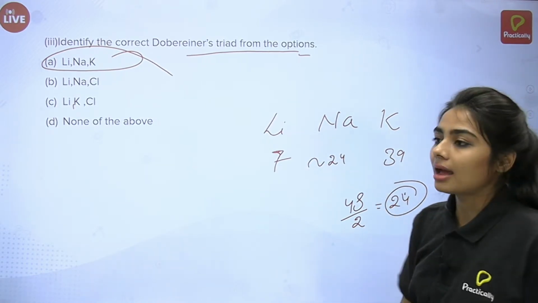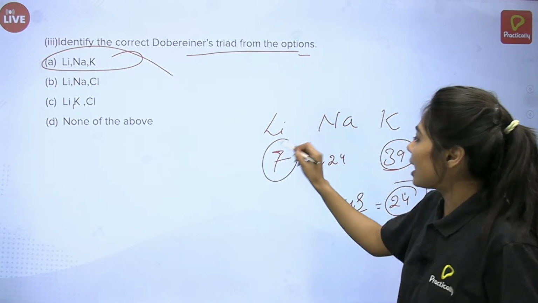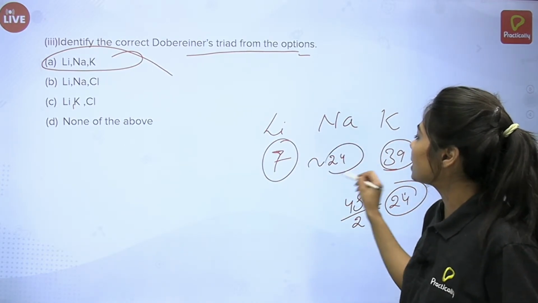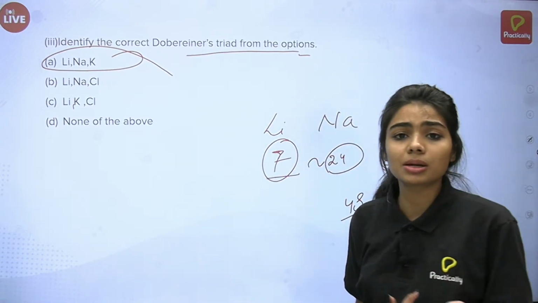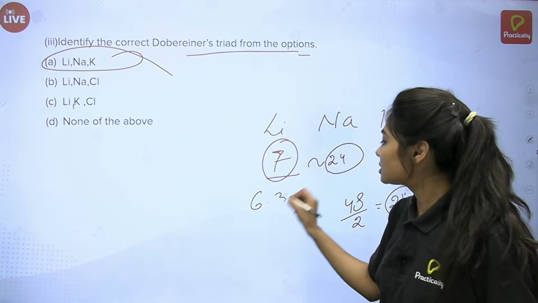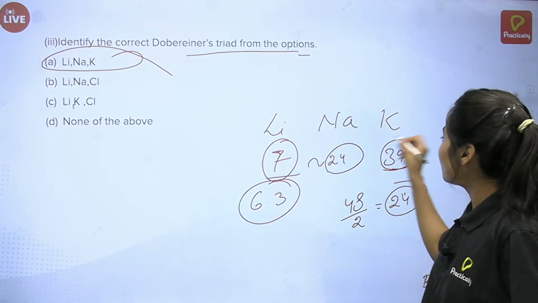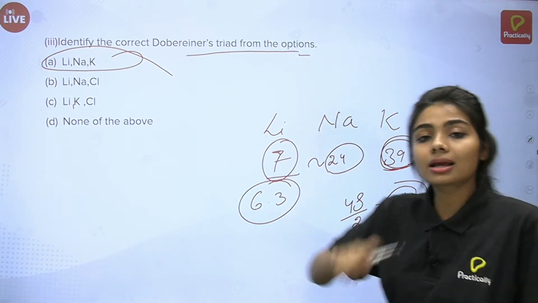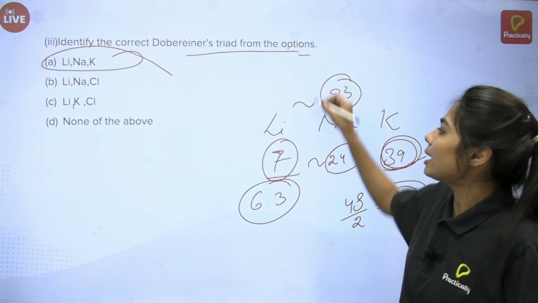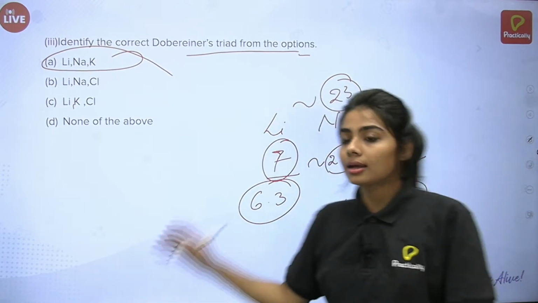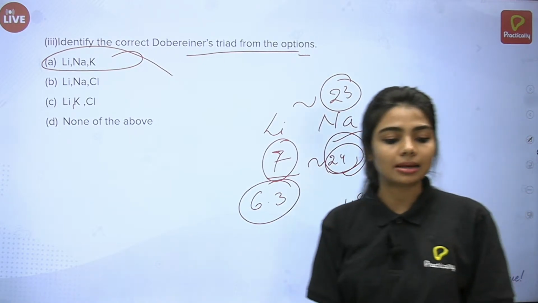So here we have 7 and 39, and if you take the average atomic mass, you get approximately 23, which is the atomic mass of the middle element. Okay.